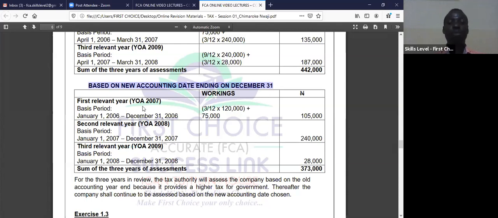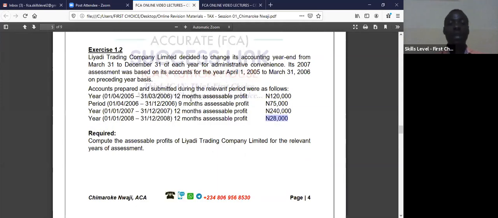So you go back again to 2007. Now, you are going to be looking at the new accounting date. Mind you, this is 2007. It must be on preceding year basis. So it must end in 2006. And since the end date is December 31st, this must always be December 31st. So it must have started in January 1, 2006. So how do we get January 1, 2006?